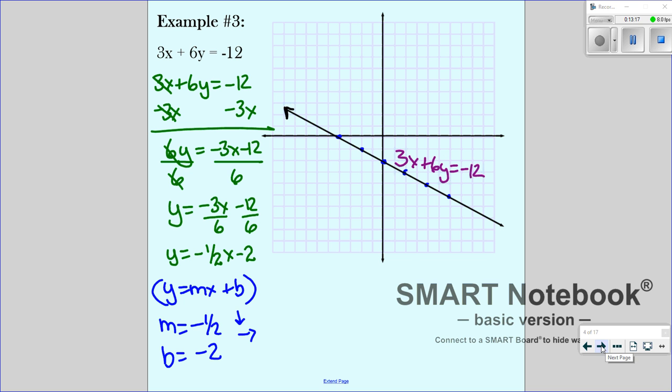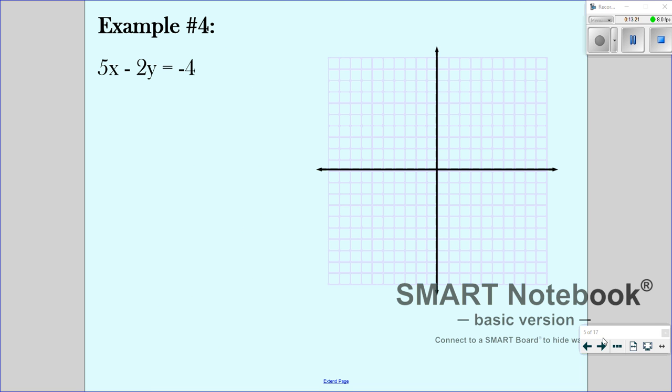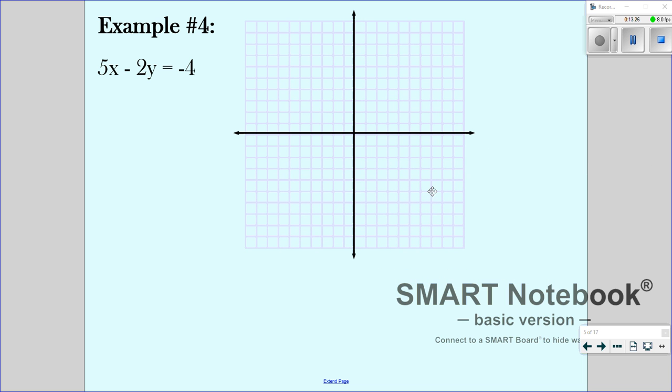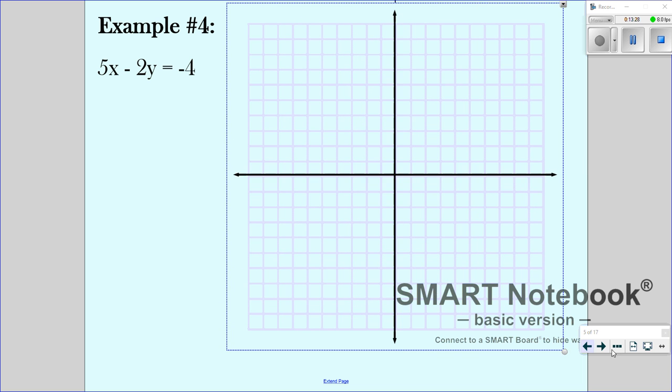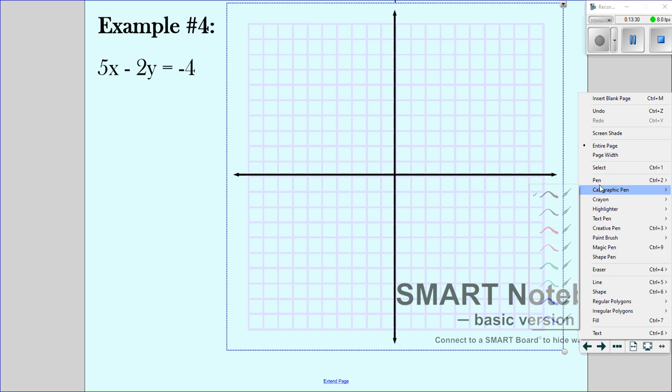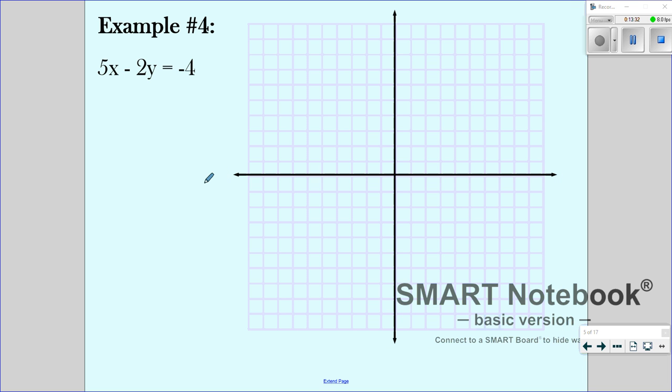All right, let's go for one more. I'm going to do the same thing, move the graph and make it bigger. Again, we need to put this into y equals mx plus b, so I'm going to rewrite this so I can work with it.